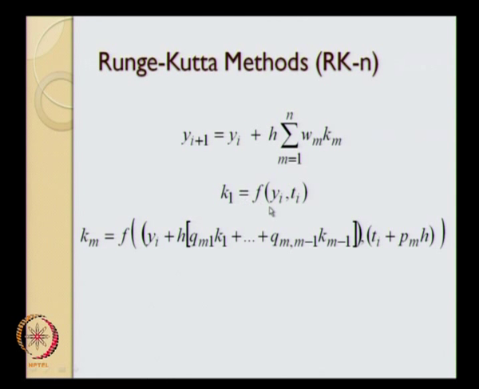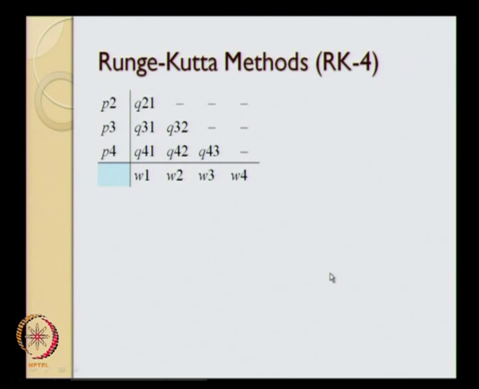K1 is of course as before computed as f of Yi comma Ti, and Km is a slope computed at some point within that particular rectangle that we had shown in the geometric interpretation. So it is computed at Ti plus some quantity Pm multiplied by H, and Yi plus H multiplied by again a weighted sum of K1, K2, K3 up to Km minus 1. Okay. That is how the RKn method will look.